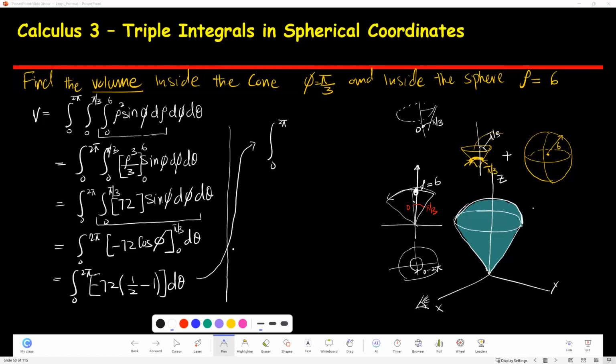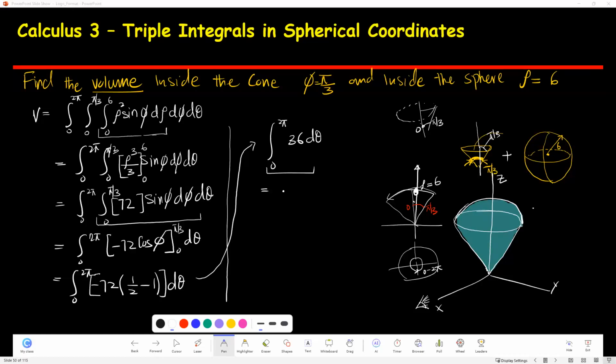So this is going to be minus 72 times minus half, which is 36, d theta. It's fairly simple now.